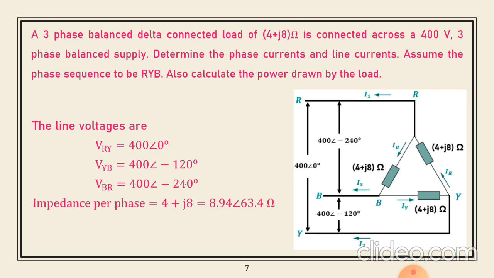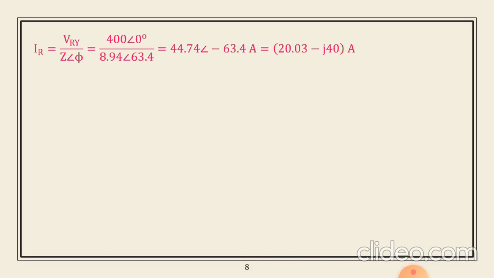Now we are interested in finding the phase currents first. So what is phase current? IR is equal to that particular voltage divided by the impedance. The voltage across R phase is 400 at an angle 0 divided by the impedance, which is common, 8.94 at an angle minus 63.4. While dividing, divide 400 by 8.94, that will give you 44.74, and take this 63.4 to the numerator, so it is minus 63.4.